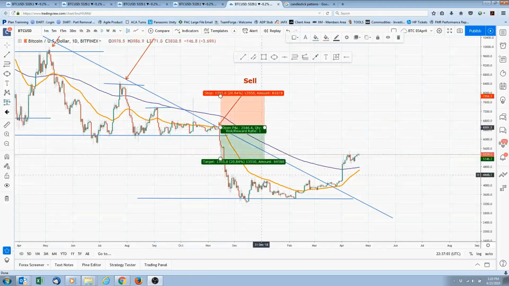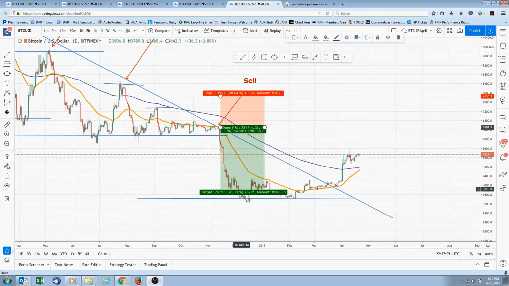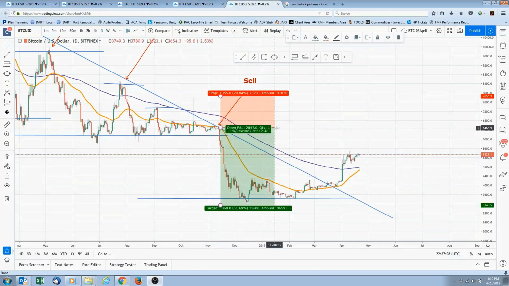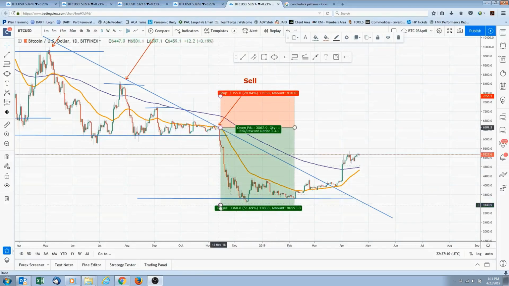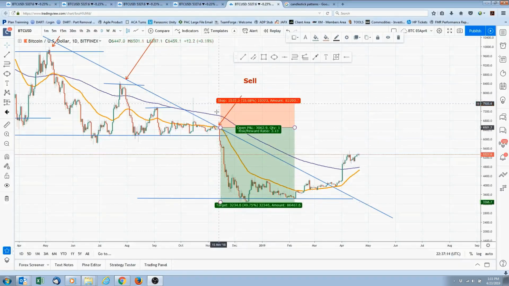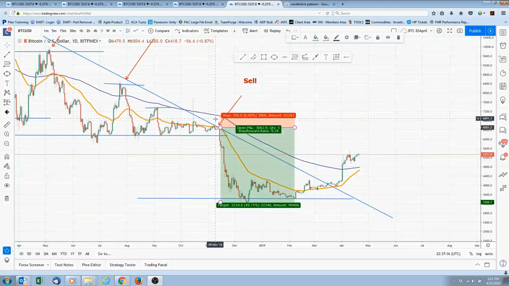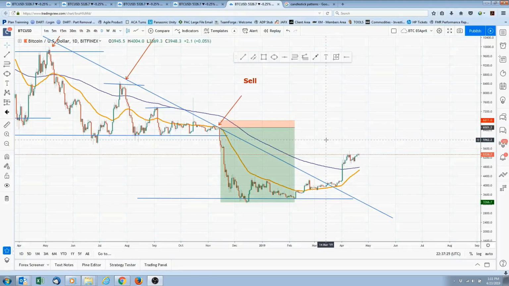We have to figure out our risk to reward: how much do we want to risk, and how much is our reward going to be? Our stop loss is where, if the trade goes against us, the trade will automatically get closed, and we only lose what our stop loss was set at. I'm going to teach you all that.